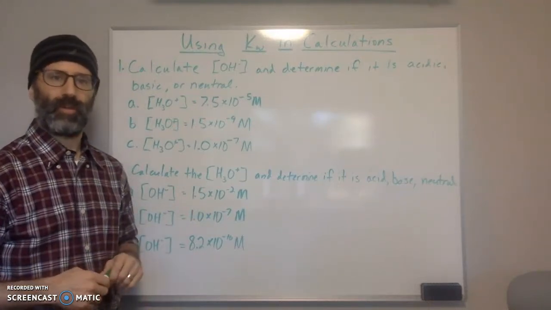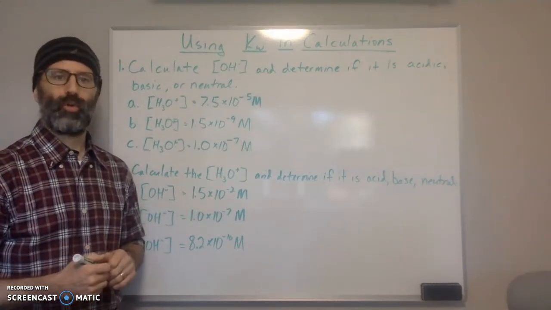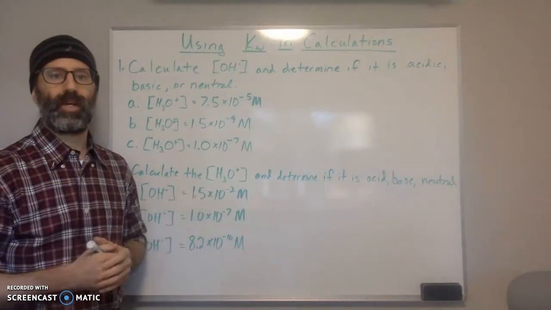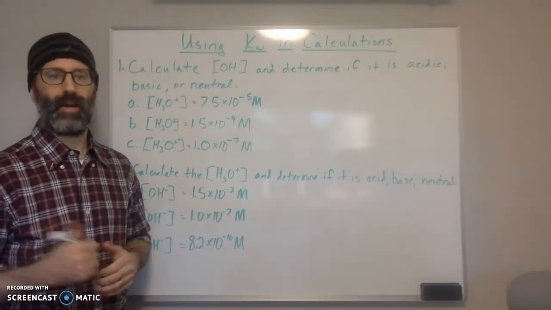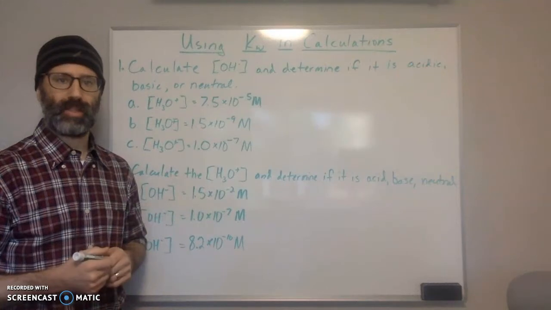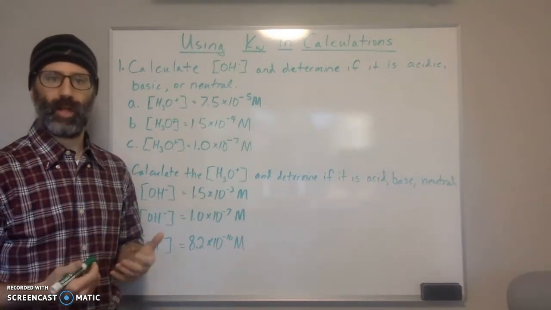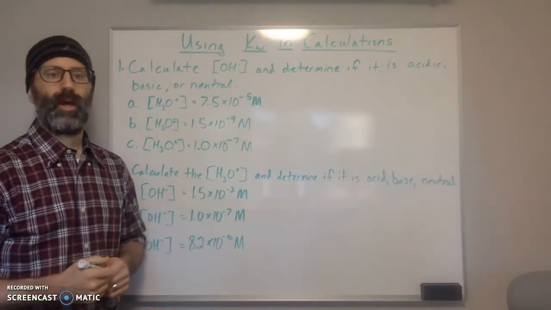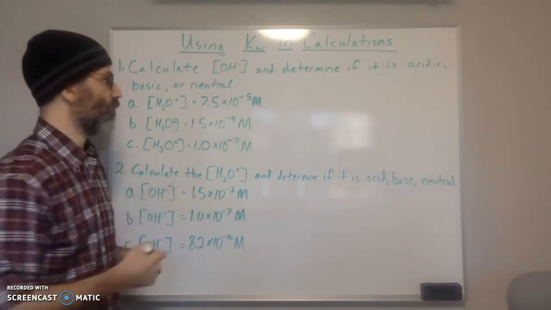In this case, it's pretty simple if you know the Kw value, which you should, because that Kw value at 25 degrees is a constant at 1.00 times 10 to the negative 14 molar. And you should have this equation in mind.